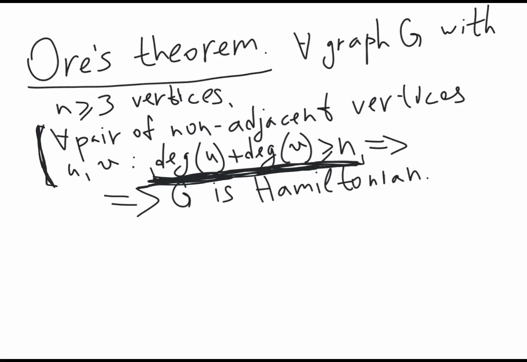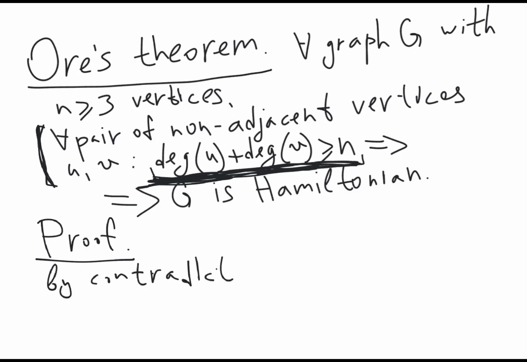So let's consider a proof. It is enough to prove the opposite statement, so we prove by contradiction. We suppose that it is not Hamiltonian, and we will prove that at least for one pair of vertices this condition would break.